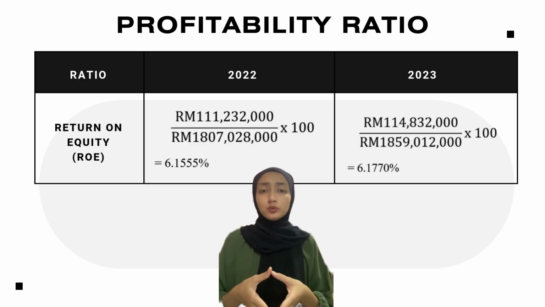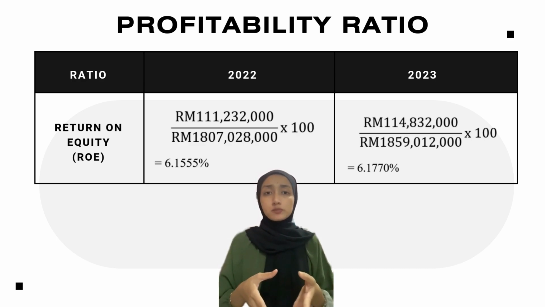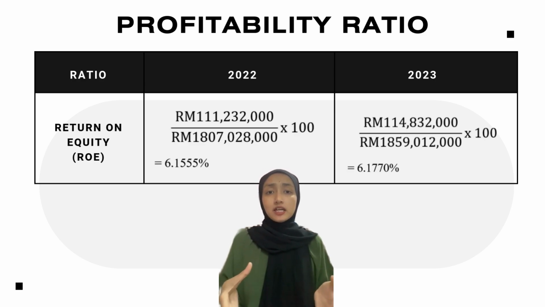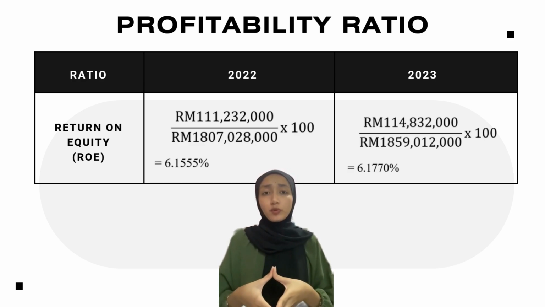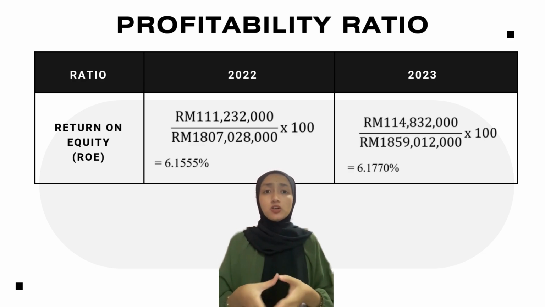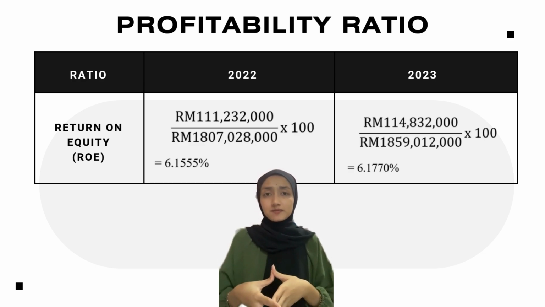In 2022, Aeon's ROE was 6.1555%, and in 2023, the ROE slightly improved to 6.1770%. Basically, this reflects a small increase in Aeon's ability to generate returns for its shareholders.